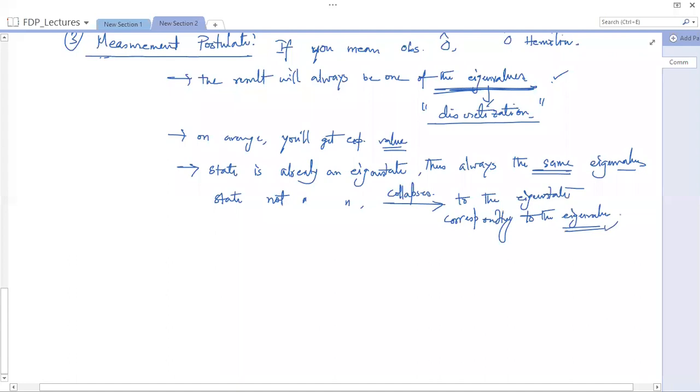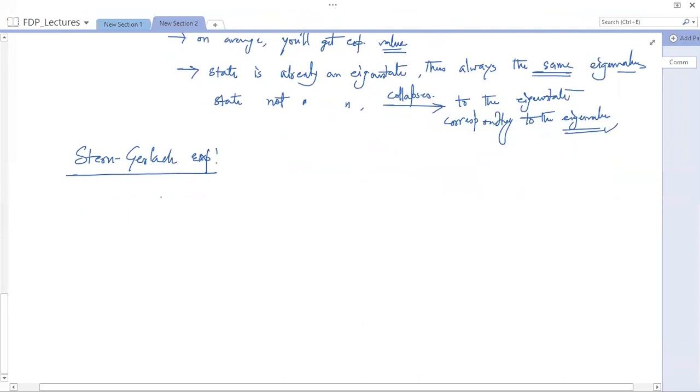The best example of this is the Stern-Gerlach experiment. In the Stern-Gerlach experiment, you have the apparatus, with a South Pole and a North Pole.